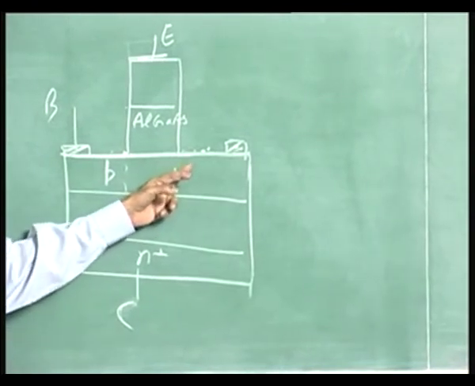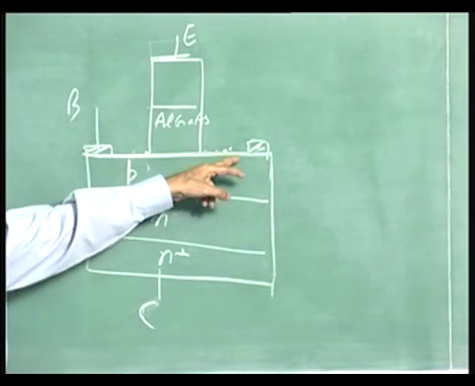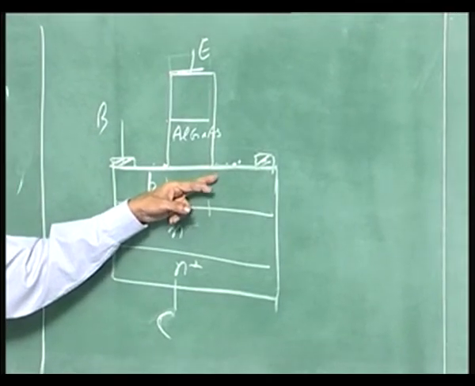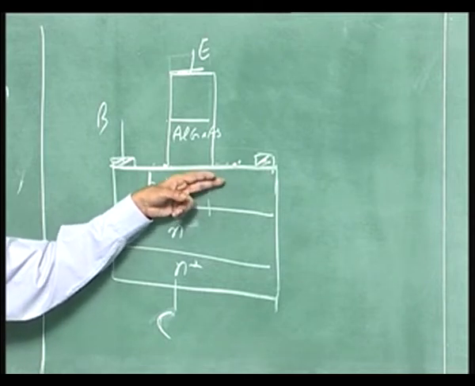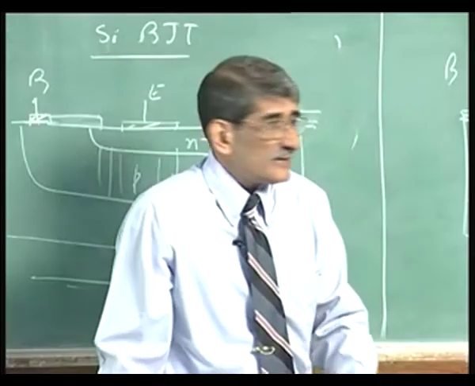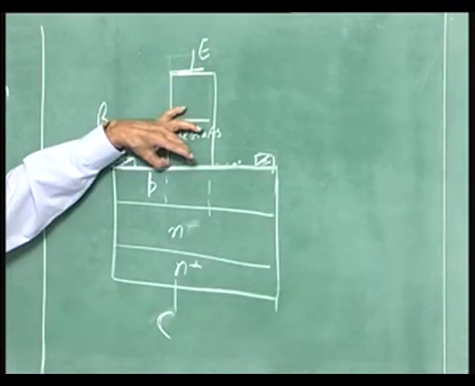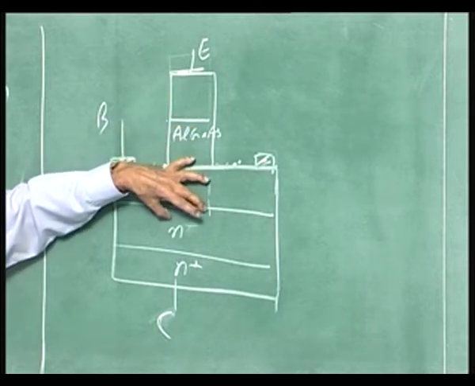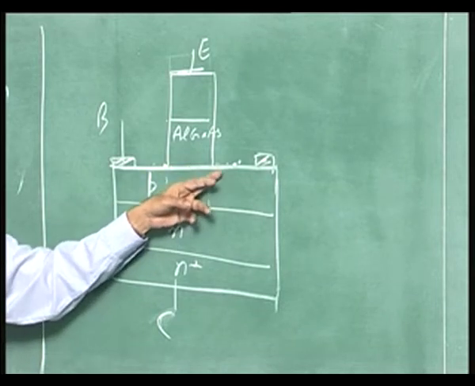In fact, when the Bell Lab people made that device initially, it was a bare surface, and there are a large number of density of dangling bonds present, which give rise to recombination centers, which give rise to higher recombination velocity of the order of 10 to the power 6, or even higher than that, okay, which would mean that the electron current injected here, quite a bit of that will be reaching here, because the recombination here is not much, but quite a bit of that will be recombining here also on the surface.